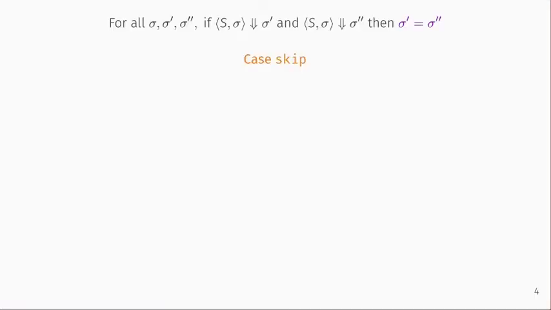So we start with the case of a skip, and here above we have the property that we want to prove. In the case of a skip, we assume that we have skip, sigma leads to sigma prime. On the other side, we have that same thing, but assuming that the statement is a skip, so skip from sigma to sigma second.